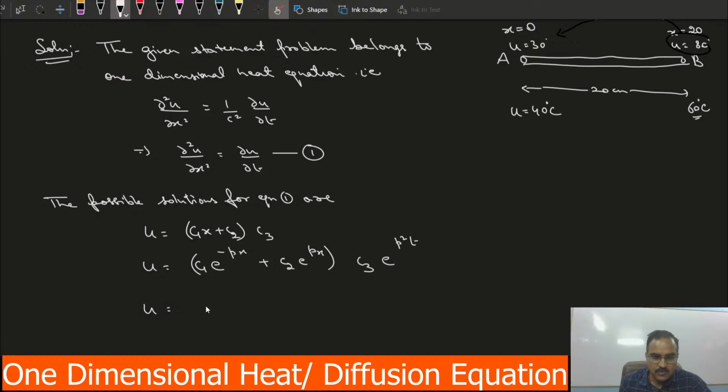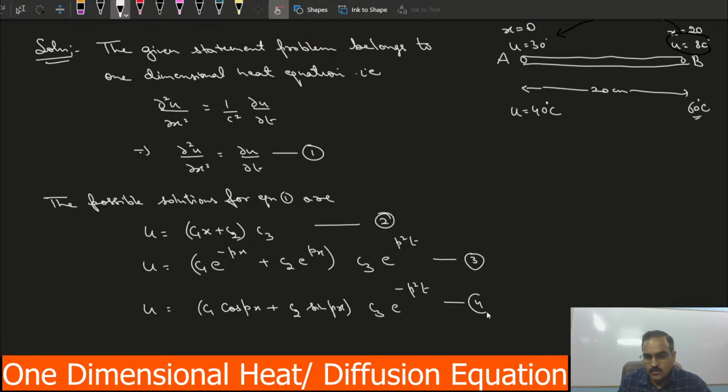And the last, u is equal to (c1 cos of p x plus c2 sine of p x) into c3 e raised to minus c square, that is 1, into p square t. This I'll call equation 2, this is equation number 3, and this is equation number 4.